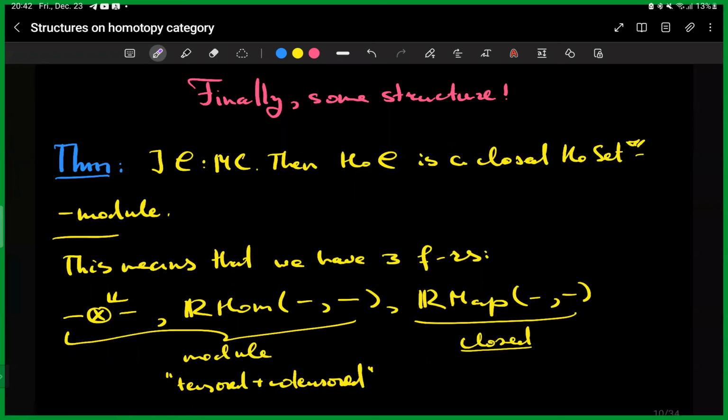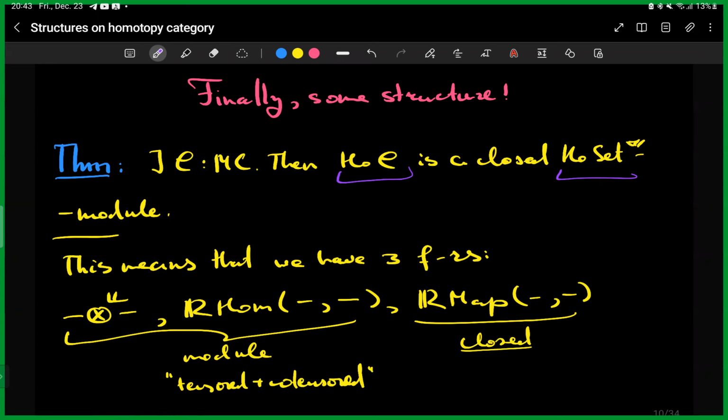And this structure is as follows. We take the homotopy category, and it turns out that it is a module over the symmetric monoidal category, which is the homotopy category of simplicial sets with the usual Quillen model structure.